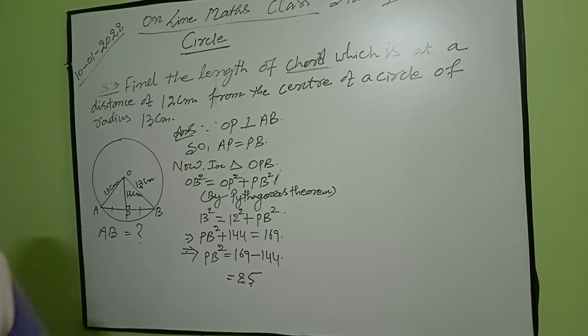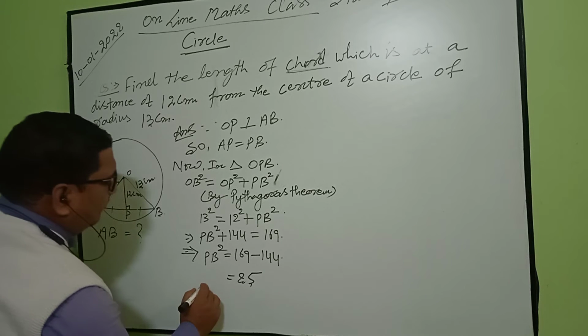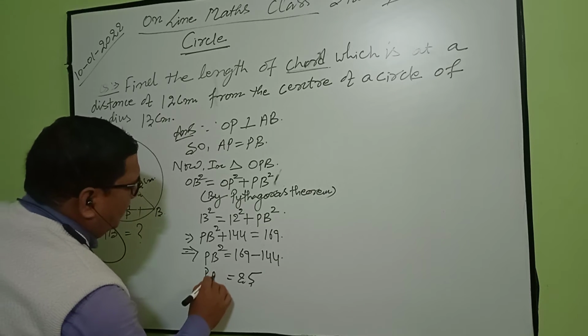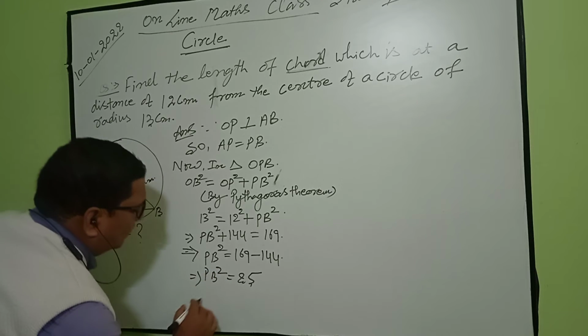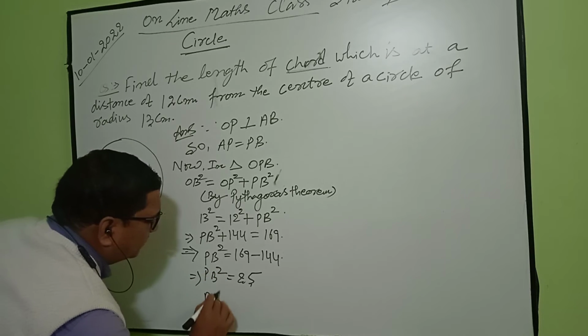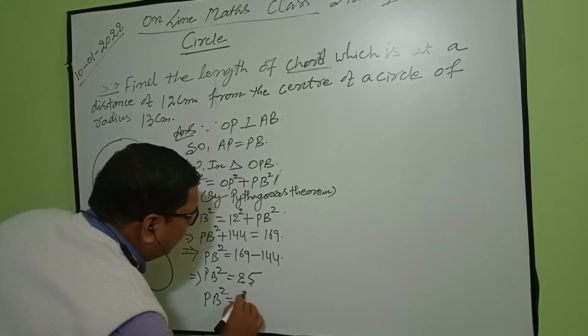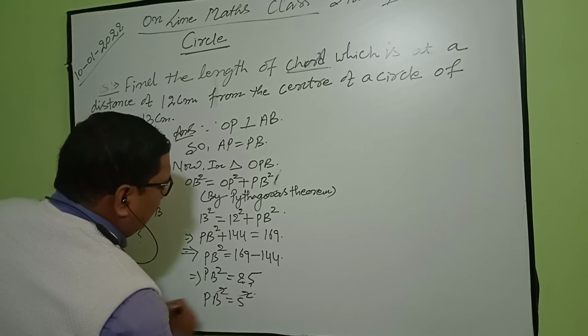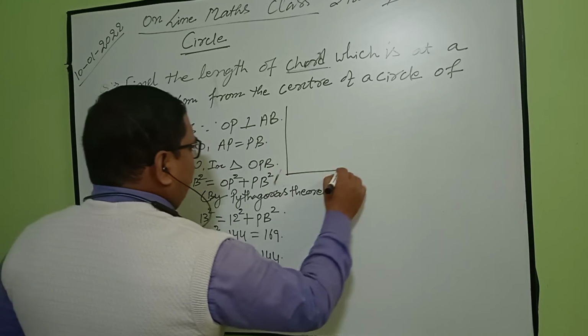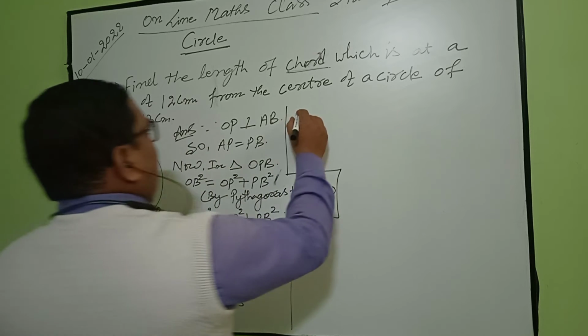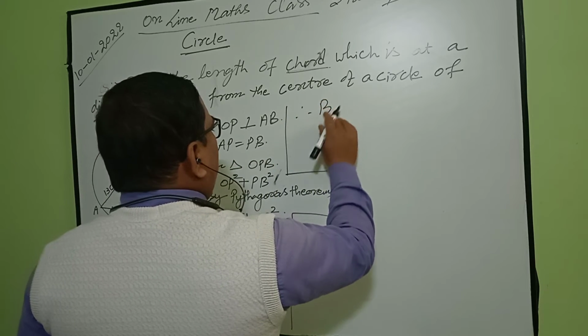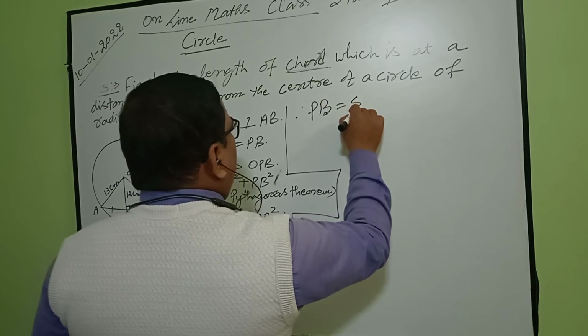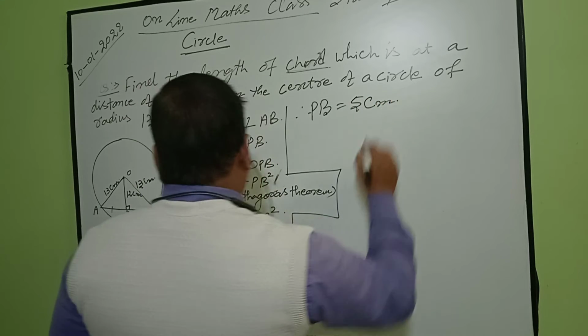So PB square equals 5 square, therefore PB equals 5 centimeter.